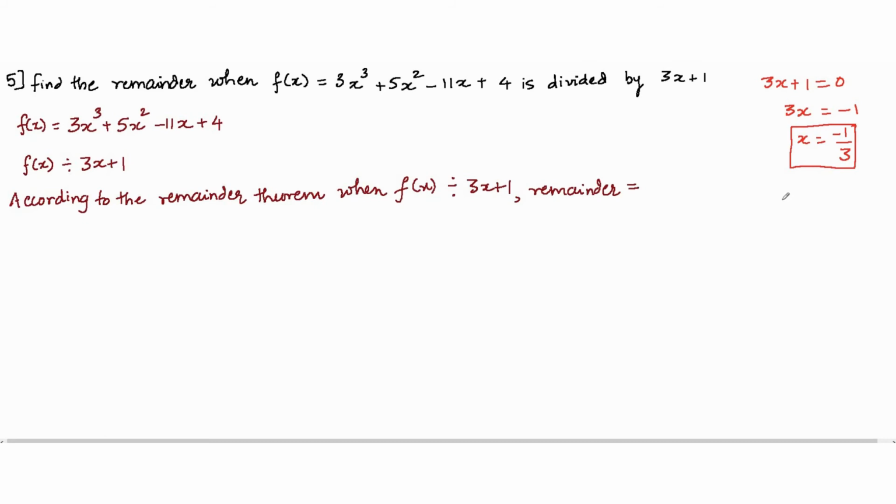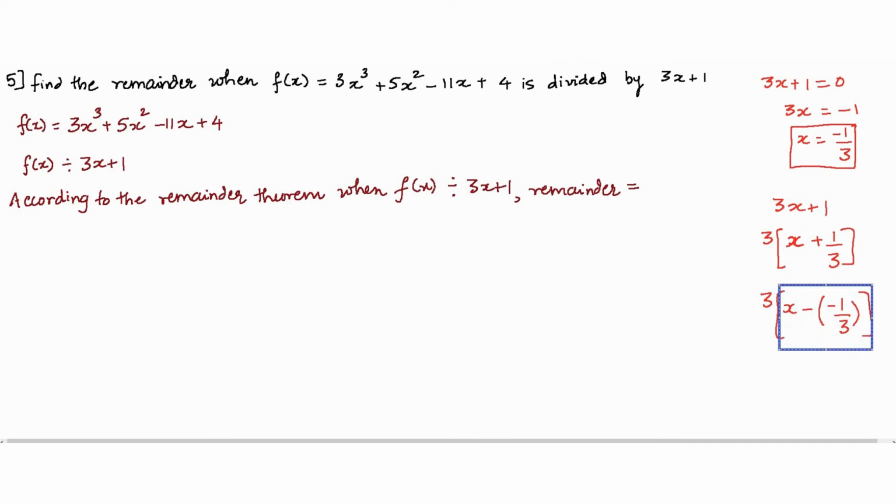And the other way would be, I have 3x plus 1. Let's take 3 out as common. So when 3 is taken out as common, it becomes x plus 1 upon 3. And let's keep the 3 out as common. So this becomes x minus of minus 1 by 3. So now if you notice, the term within the bracket has a coefficient of x as 1.